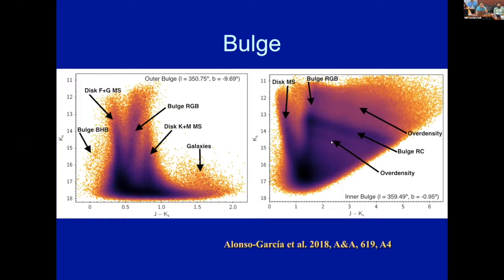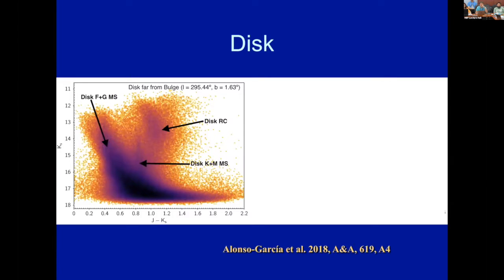If you try to do the same kind of color magnitude diagrams from the disk region, you can see, if you are far from the bulge and not exactly in the plane of the galaxy, you can find the disk main sequence stars, like before in here.